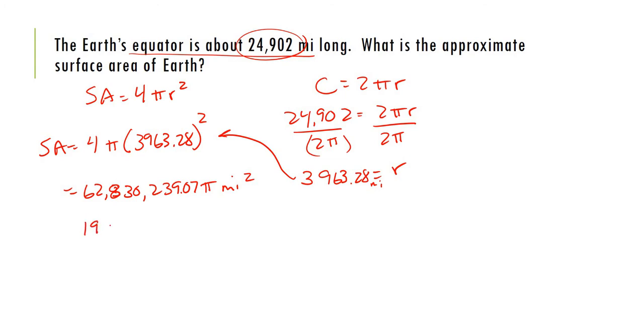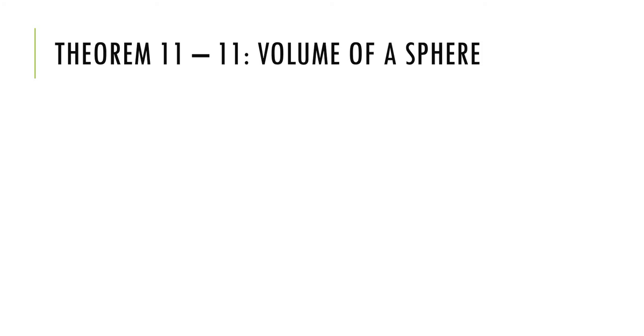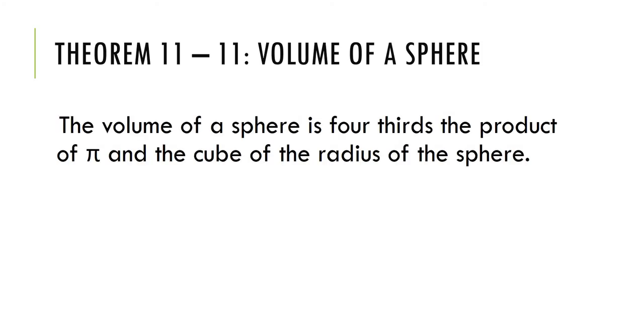If you multiply by pi, we get 197,386,978.3 miles squared. So over 197 million square miles of surface area for the Earth. All right, that was surface area, pretty easy.